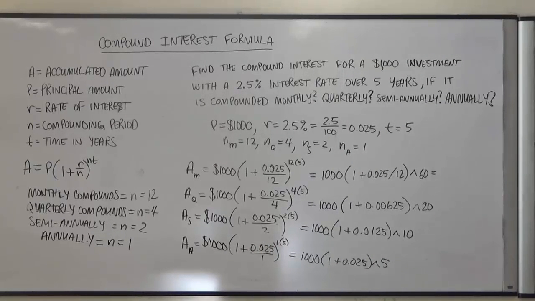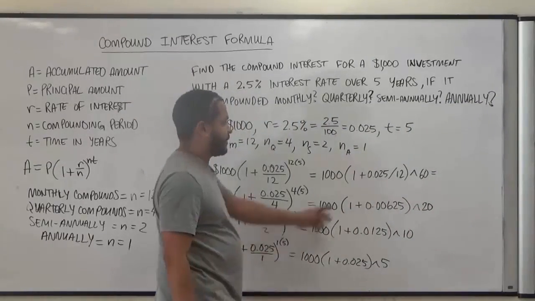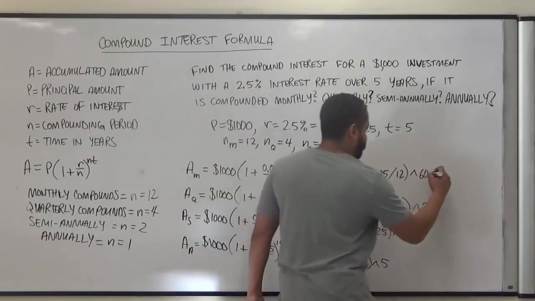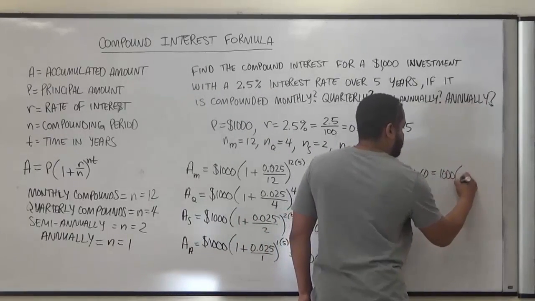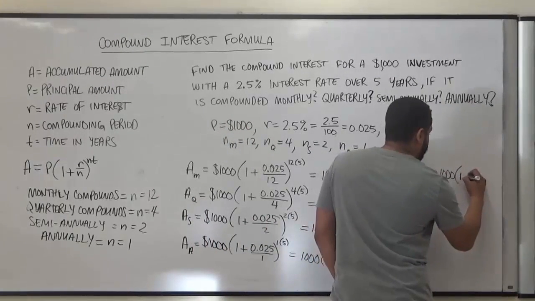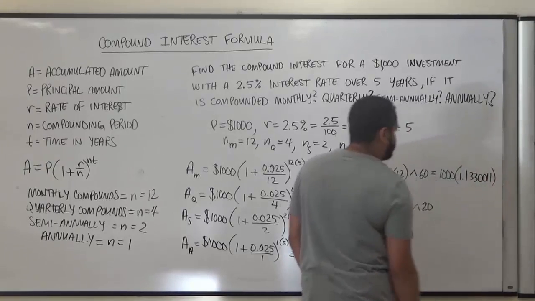In our first calculation, we're going to raise this to the exponent here. And we just run this on our calculators, right? And we're going to have 1,000 times, and raising this to this exponent gives us 1.133011.